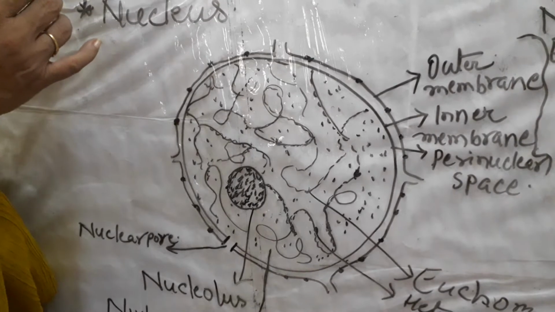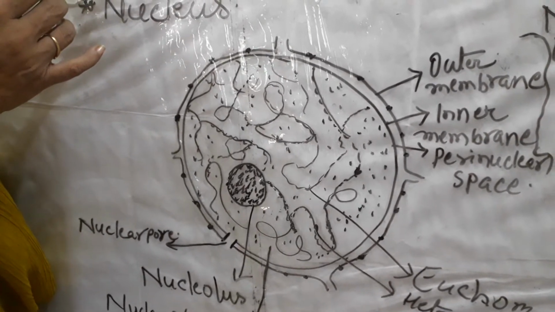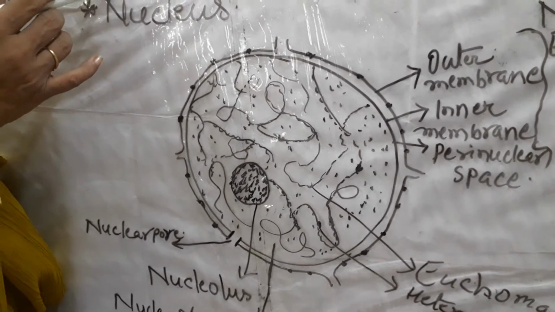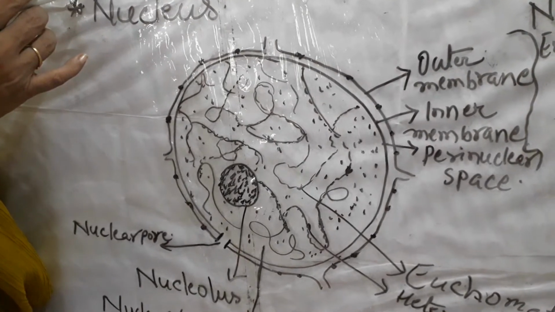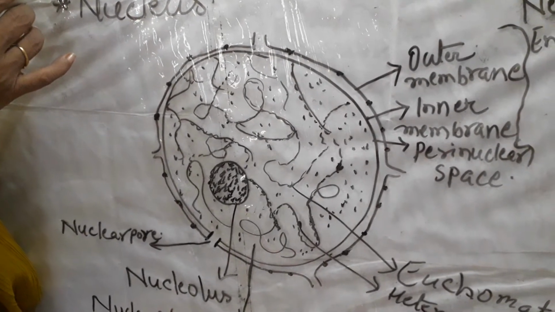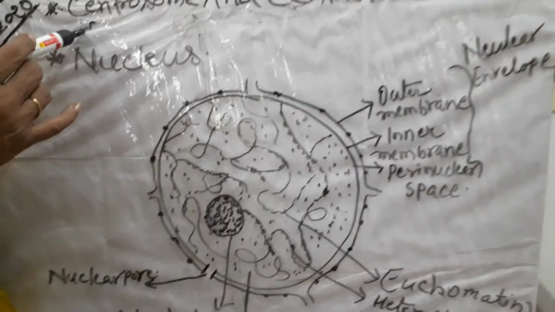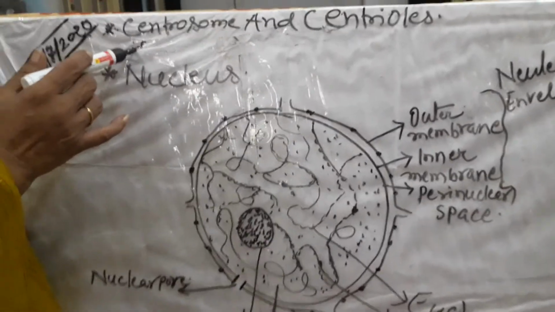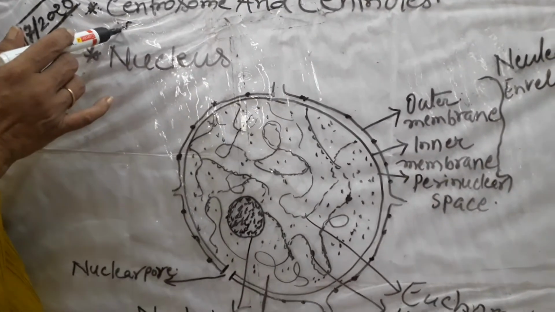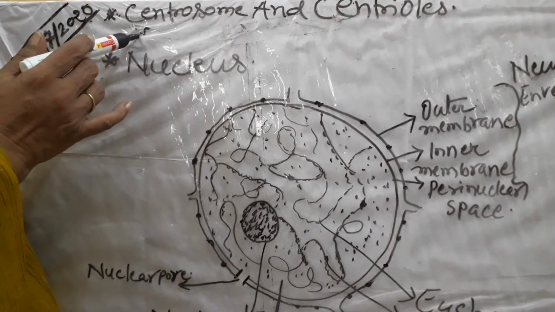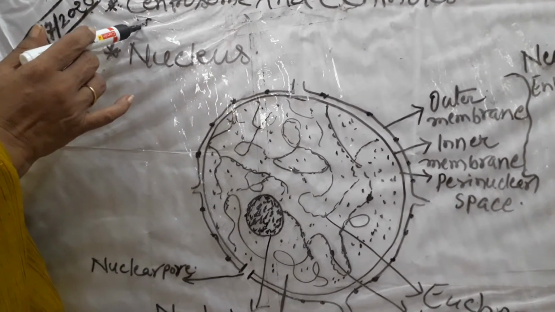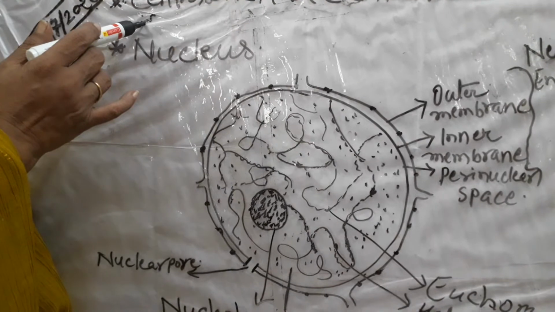They are made up of nine evenly spaced peripheral fibrils of tubulin proteins. Each of the peripheral fibrils is a triplet. The adjacent triplets are also linked to each other.